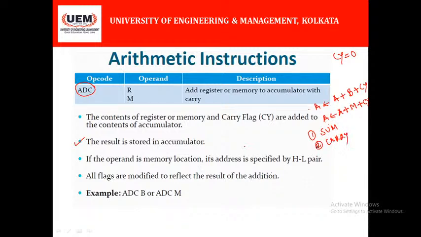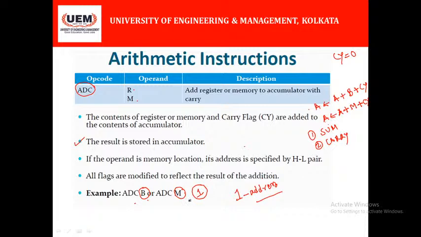In case of ADC we observe that either a register or memory is possible, such as ADC B, ADC M. How many operand fields or operand locations are present? Only one operand field is present, so that is why it is a one address instruction.